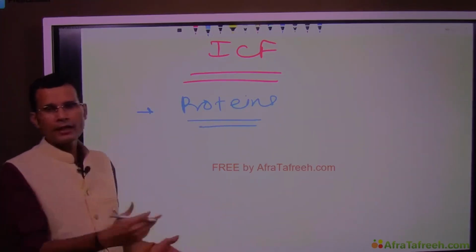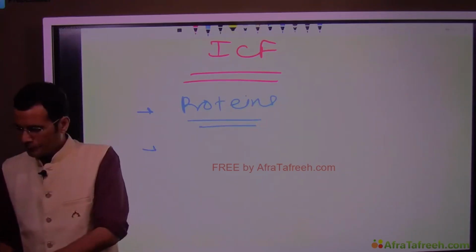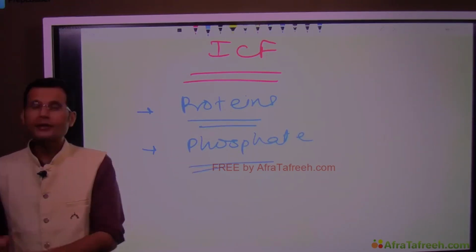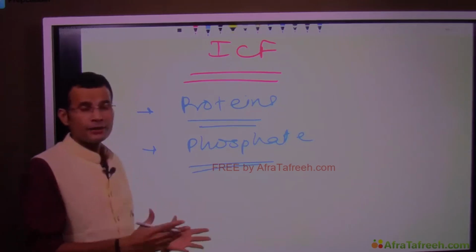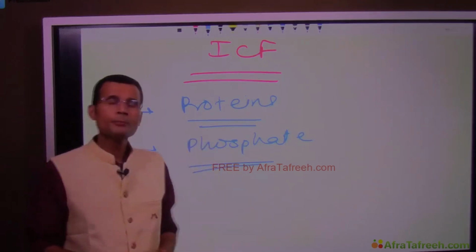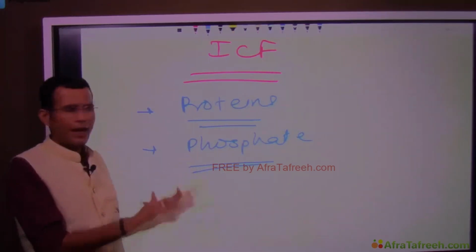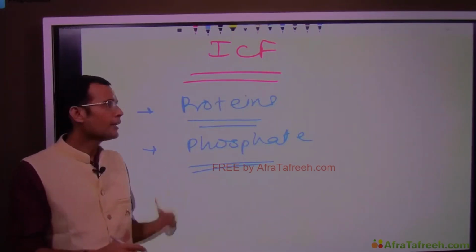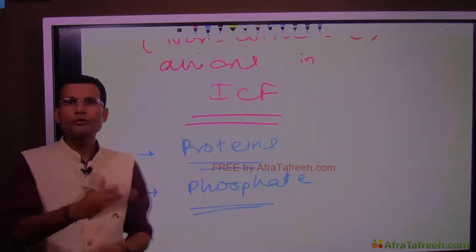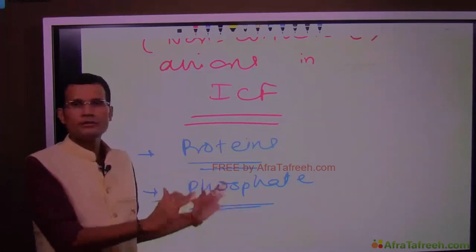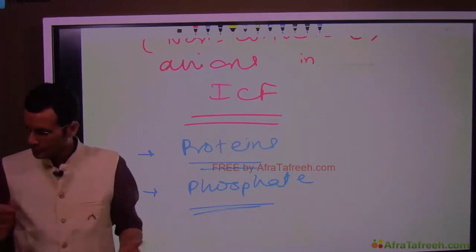Proteins are anions, you know it already. And phosphate. Inside the cells there is high energy phosphate. So phosphate and proteins, these are the anions which are trapped inside the cell, and they can't leak out of the cell. So we have anions inside the cell which can't diffuse through the membrane.